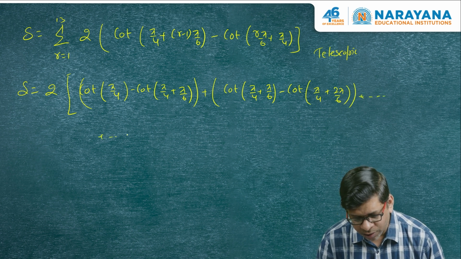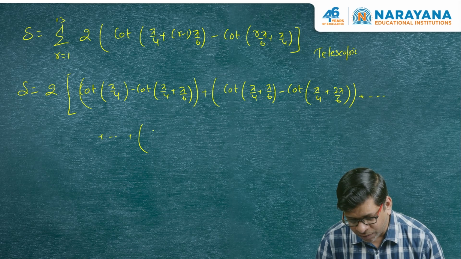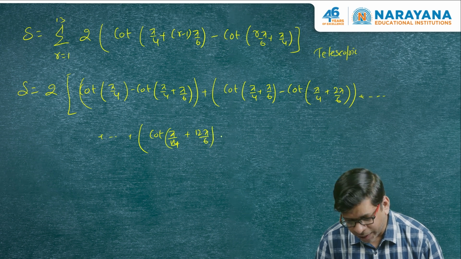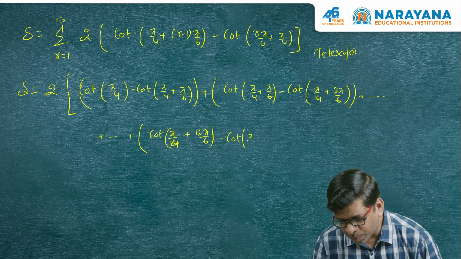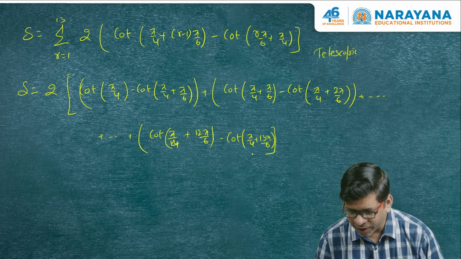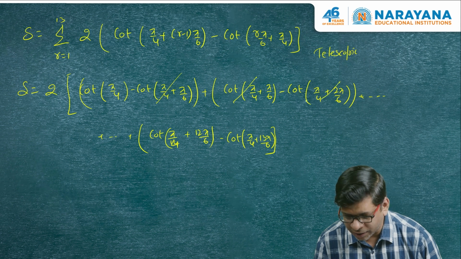When we put r equals 13, I will get cot of pi by 4 plus 12 pi by 6 minus cot of pi by 4 plus 13 pi by 6. And we can see all the alternate terms are getting cancelled.